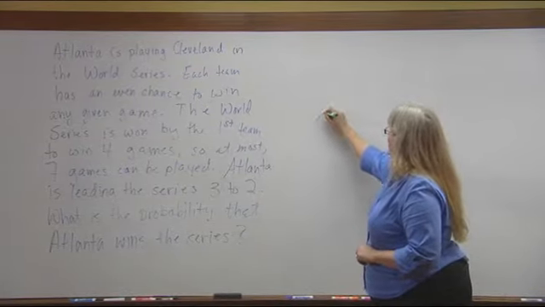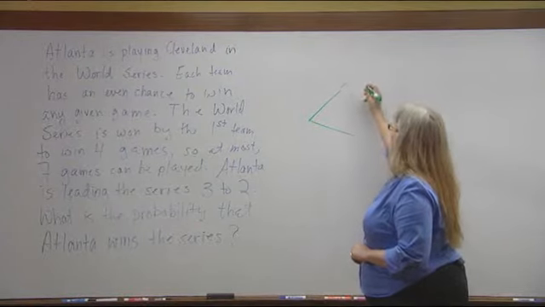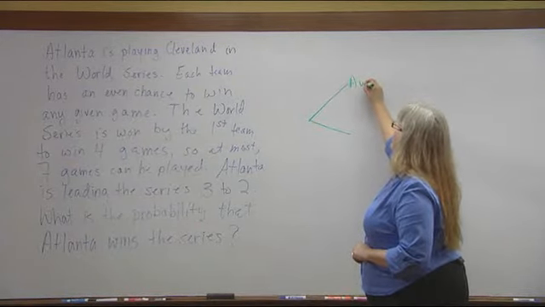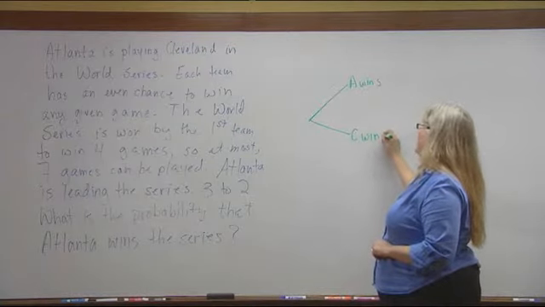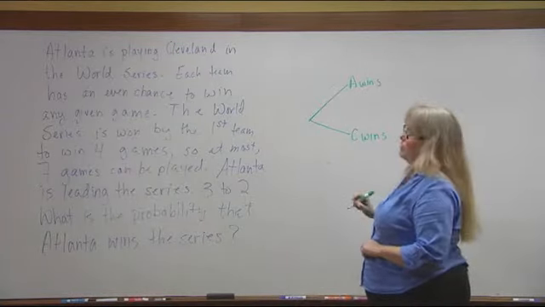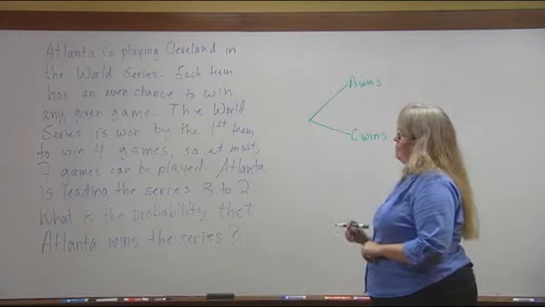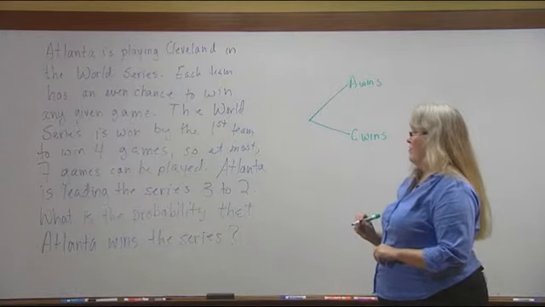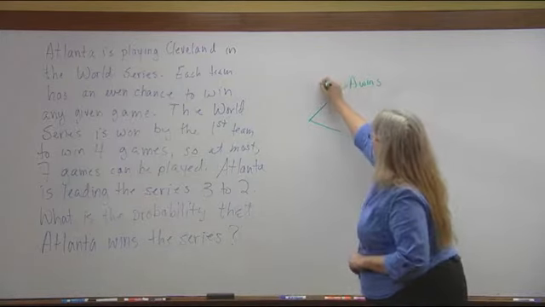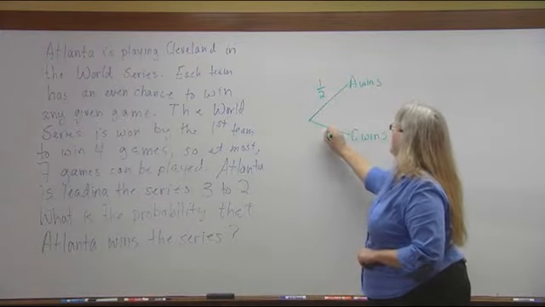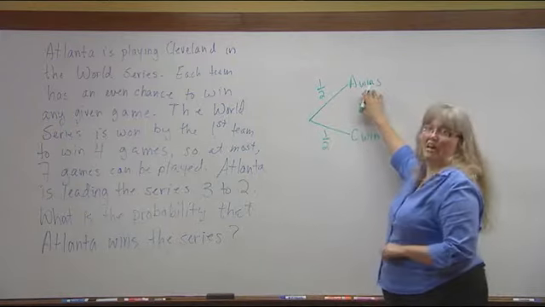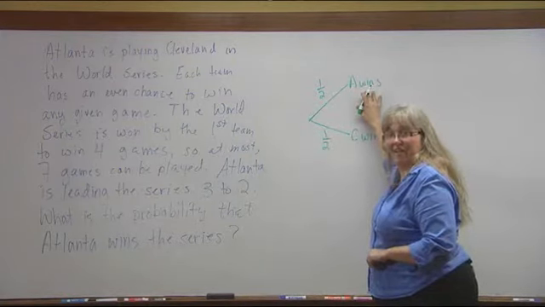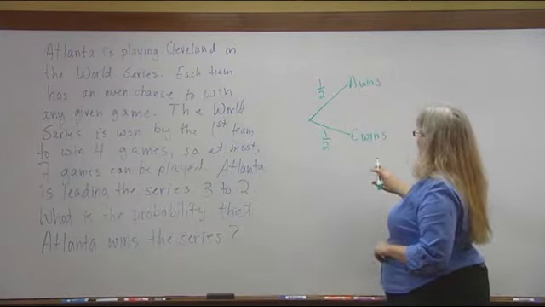So for the next game, we could have Atlanta wins or Cleveland wins. Okay, and each of those, we're told, has a probability of 1/2. So they have an even chance, which means the probability is 1/2. So if Atlanta wins, we're done. Okay, the series is over.